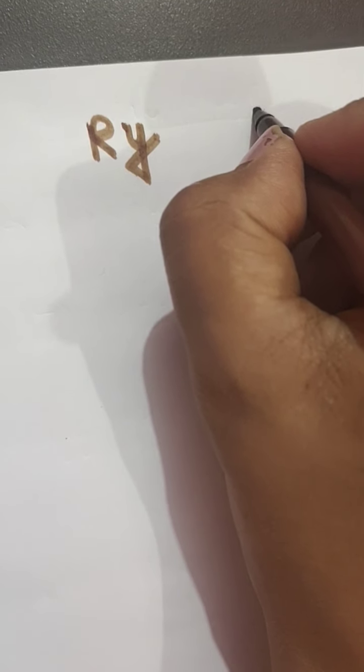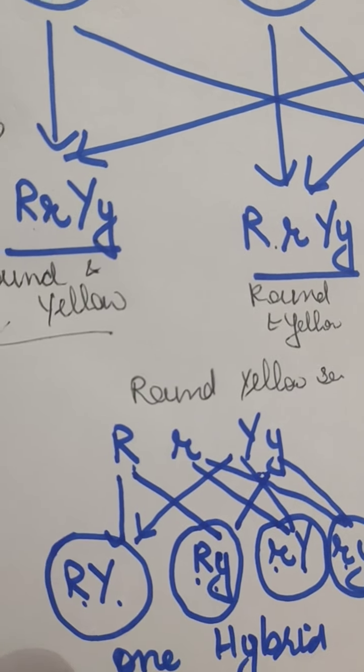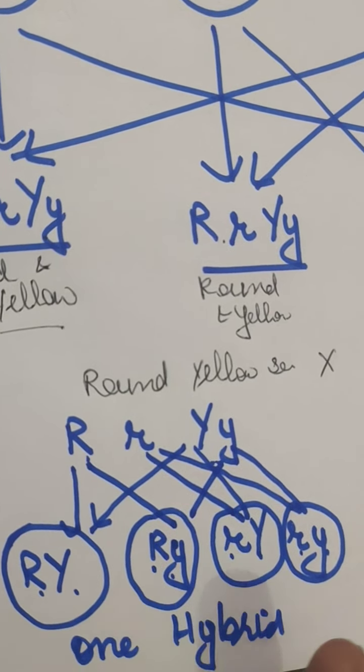So first we have capital R and capital Y, then capital R and small y, then small r and capital Y, and then at last small r and small y. So shall we see? Yes, we have capital R and capital Y, capital R and small y, small r and capital Y, and small r and small y.